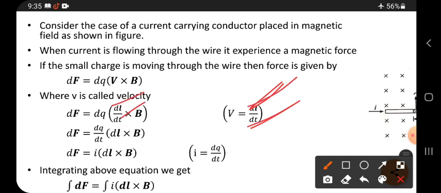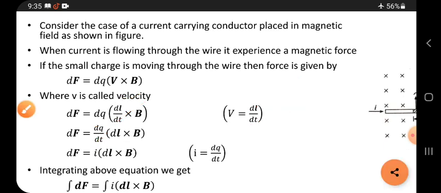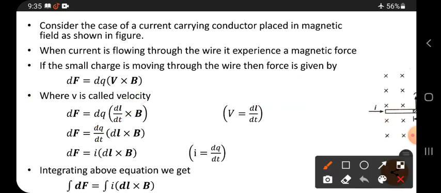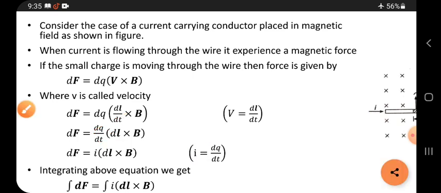Bring this dt to this side, and it becomes dq by dt, with only dl on this side. Now dq by dt, charge by time, gives the current. The rate of flow of charge is called current.